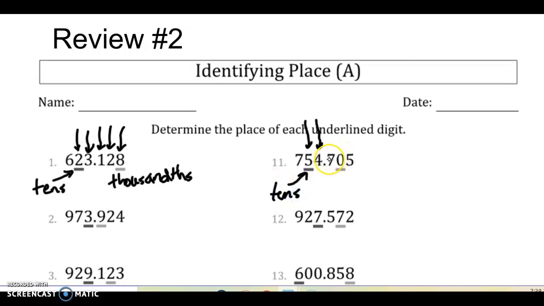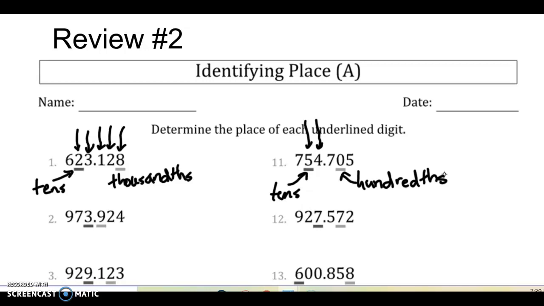Now for the 7, it's the tenths, hundredths, thousandths. So this is the hundreds column. Not hundredths. You get confused. Remember, there's hundredths and there's hundreds, which is kind of hard to say.